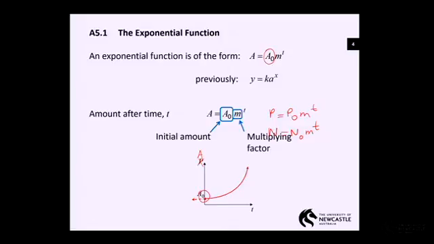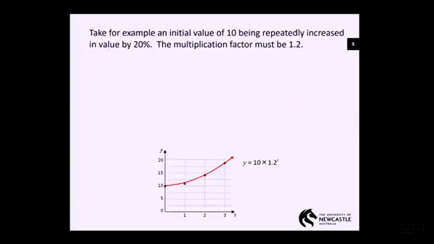Now that multiplying factor, we're going to establish that in some of the earlier questions, and in some of the questions it'll be given to you. So this says, take for example, an initial value of 10. At this point, if I had to, I'd stop and say to myself, initial value, this seems to be telling me the clue that a0 is 10, being repeatedly increased in value by 20%.